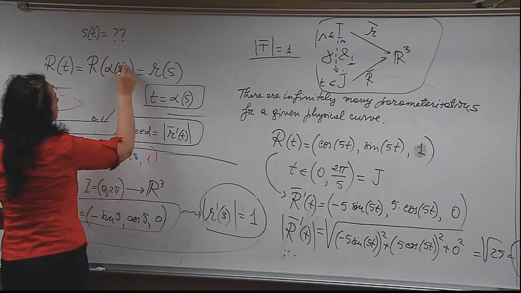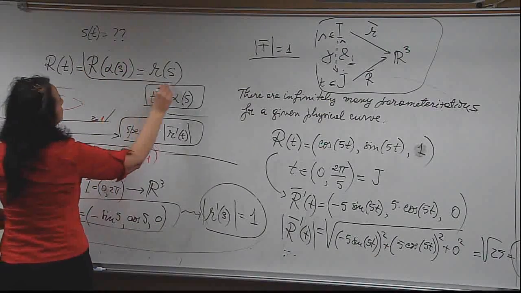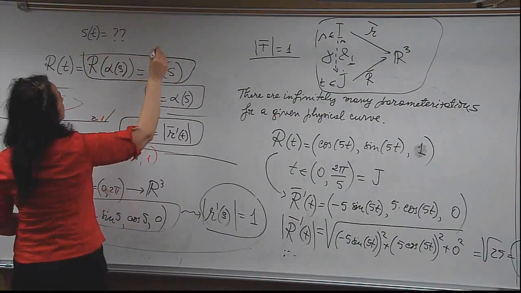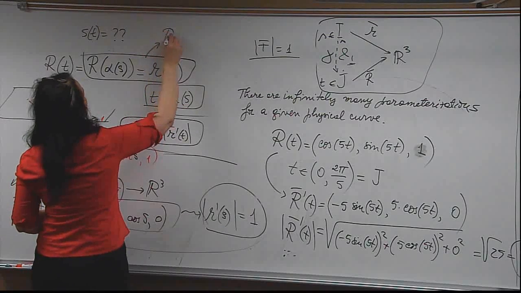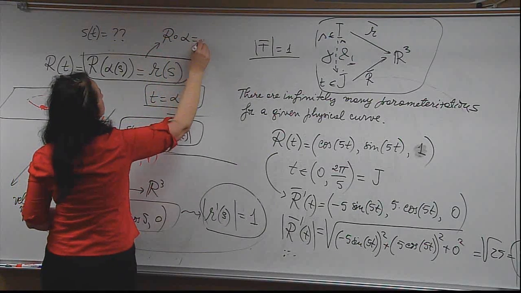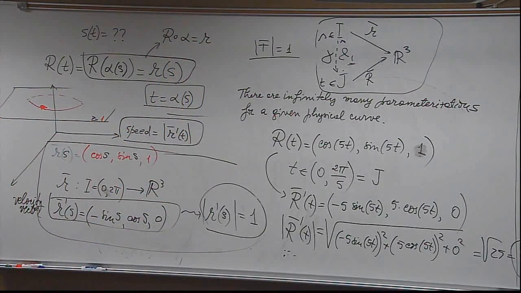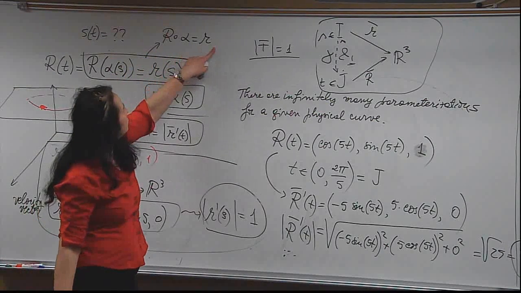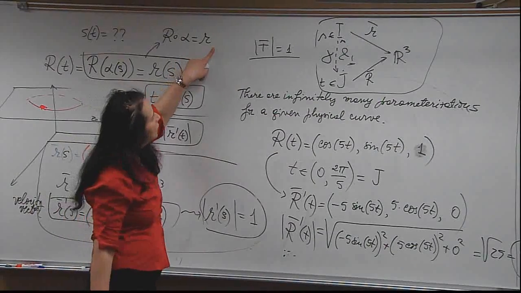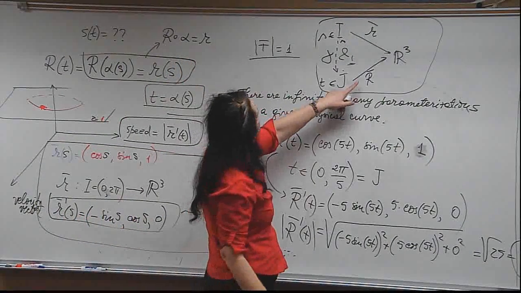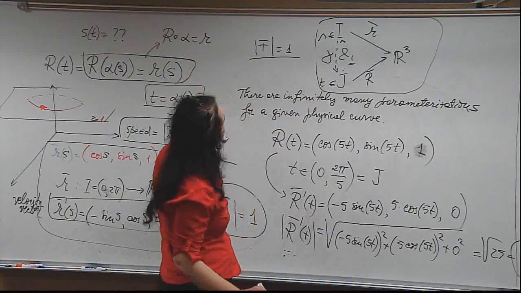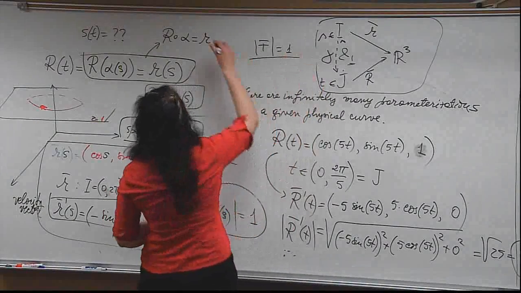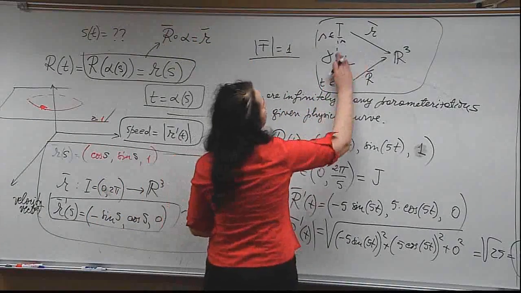From this, I realize that r composed with alpha equals little r. Say what, Magdalena? Yeah, that was pre-calculus. So how do I get little r? By composing big R with alpha.